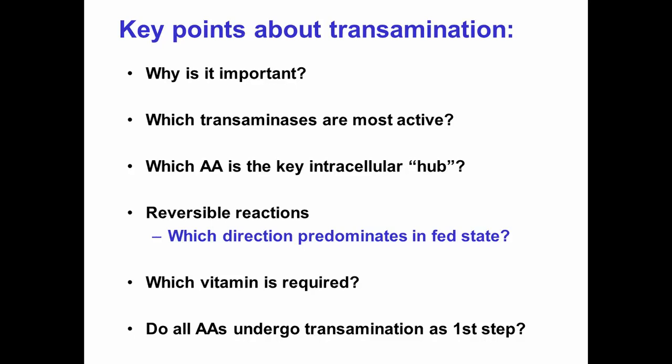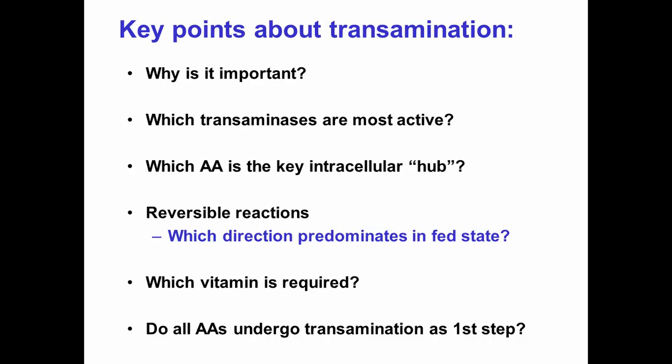One other point about transamination, and hopefully this makes sense to you. So transaminases have a high Km, which means low affinity, right? Does that ring a bell? I love to see nods. So, right, low affinity for its substrate, which means, what does that mean? So after a meal, what does that mean for transaminase activity?